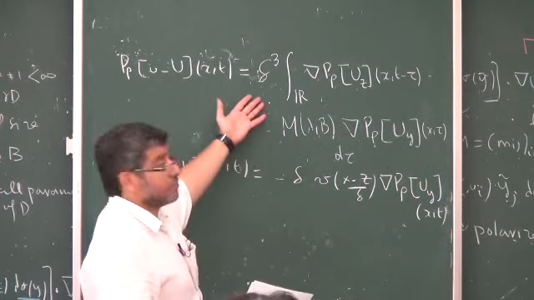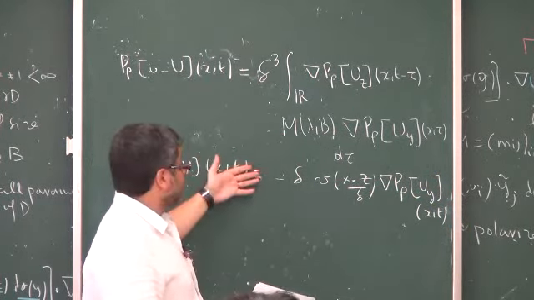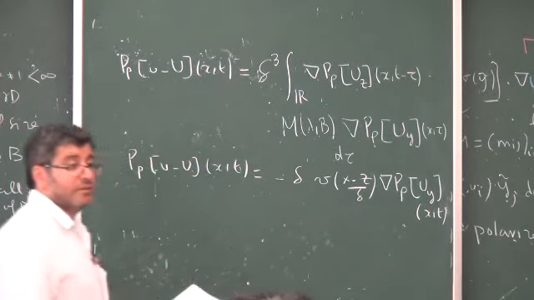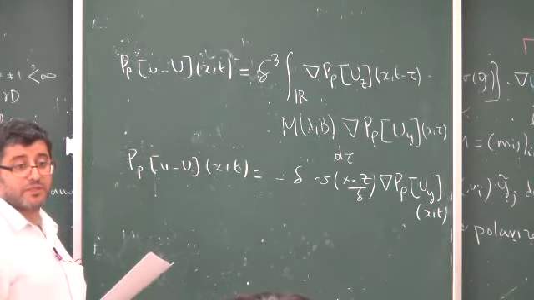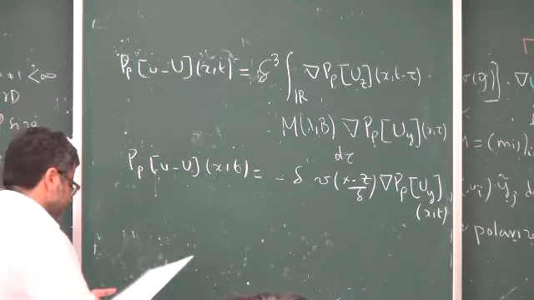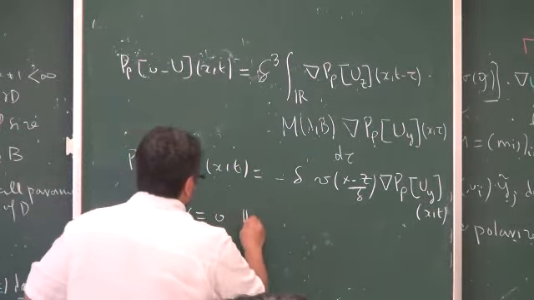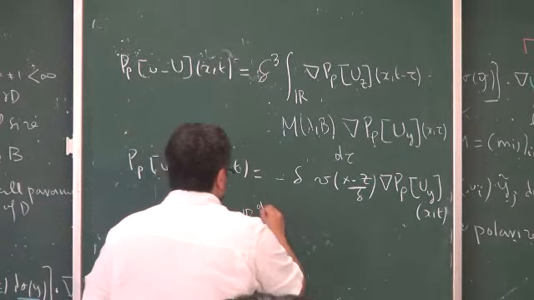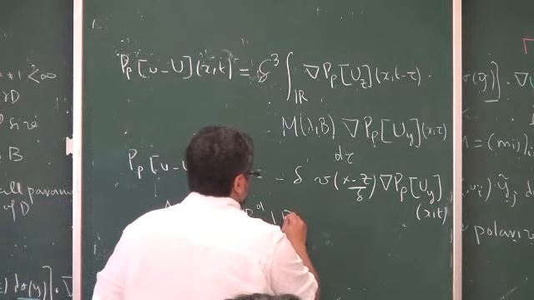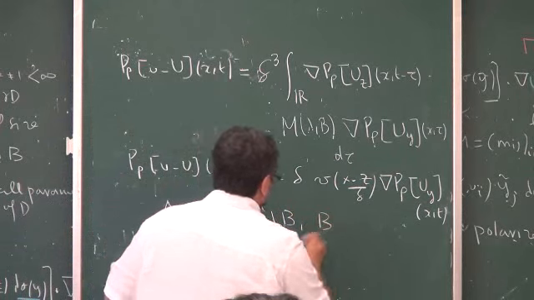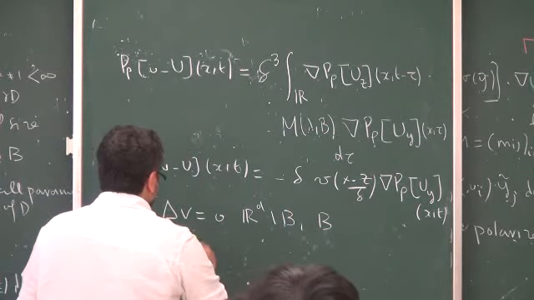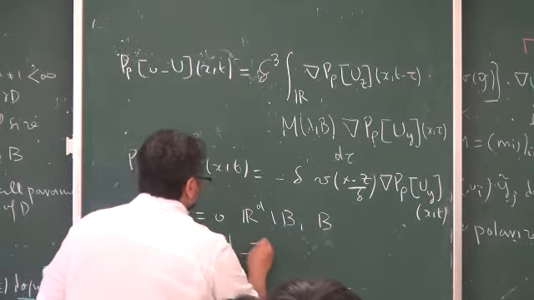This one is completely different from this one. So let's write it in the time-independent regime for the conductivity. V is the solution to Laplace, and V equals 0 in the inclusion and outside the inclusion. Its trace has no jump.